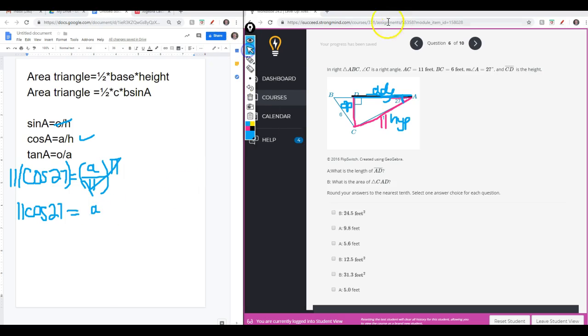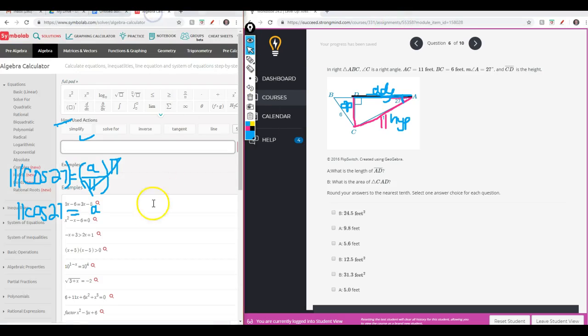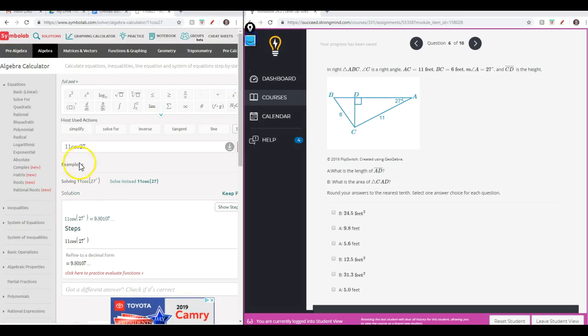It is implied. So let's jump over to our symbol lab and type in 11 cosine of 27. And when I do that, it says solving 11 cosine of 27 degrees. It says it's 9.801.